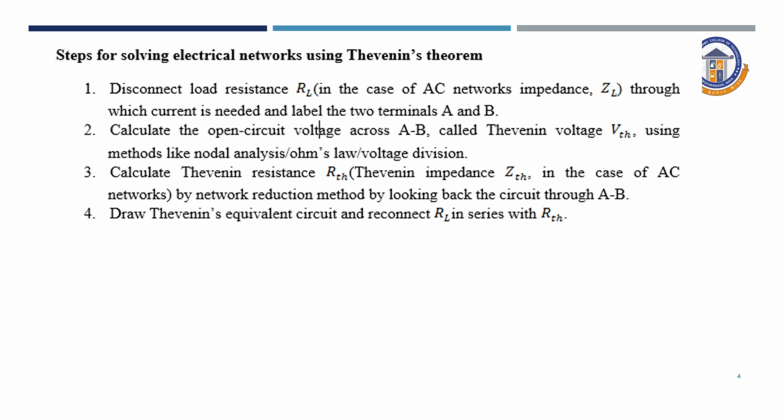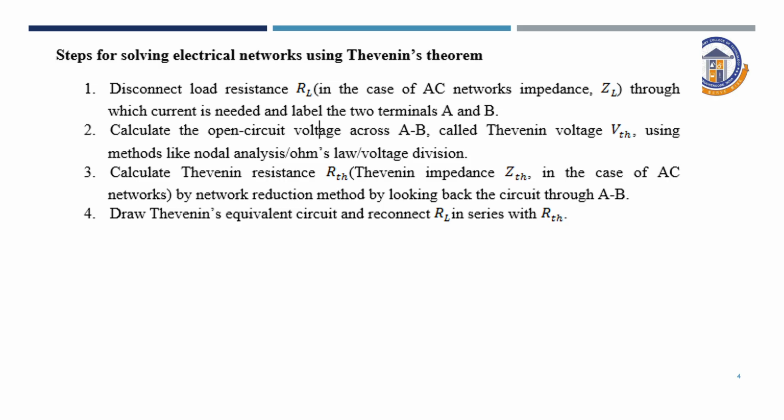So now, as we know, the entire circuit is replaced with a single voltage source in series with a resistor. Next, I bring back the original circuit with the load resistance already removed.